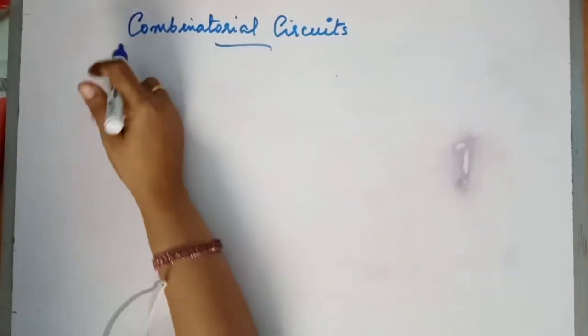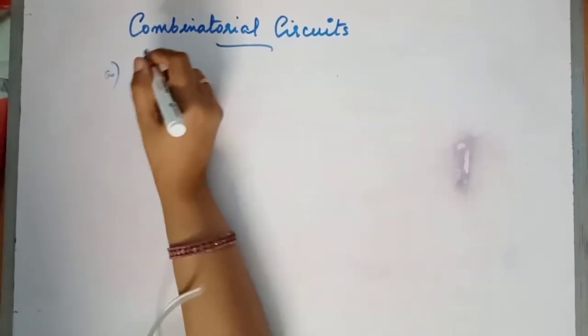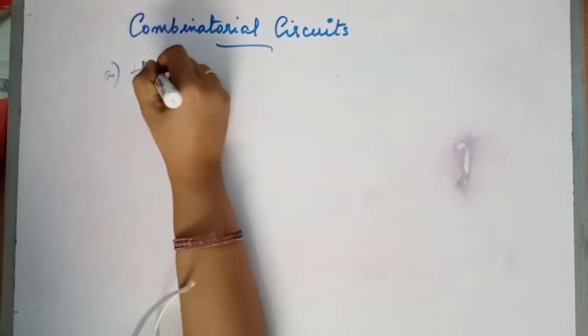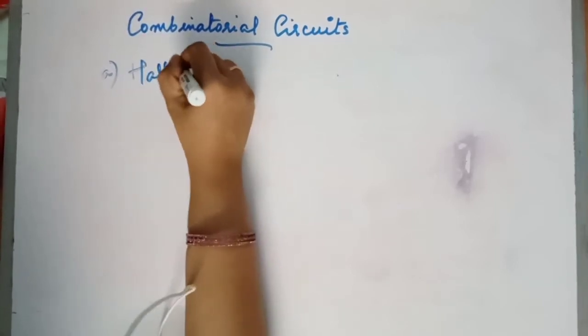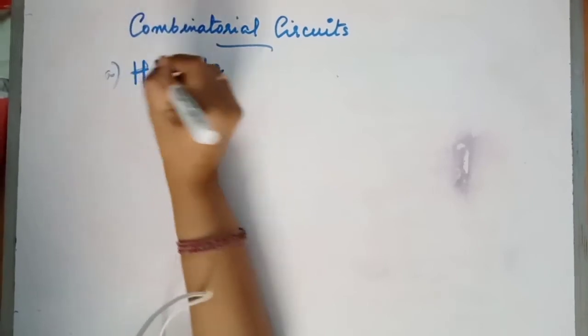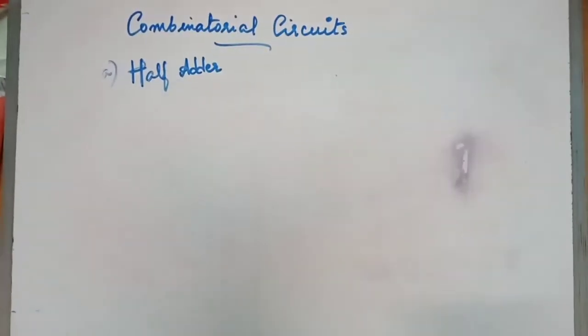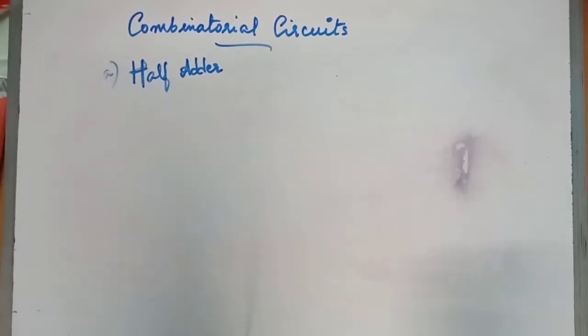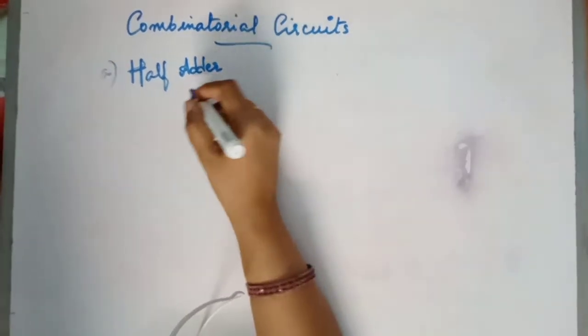Some standard circuits we will be dealing with, the first one being a half adder. If we know how to design such standard circuits, we will be able to design any such combination circuits depending on the requirement.